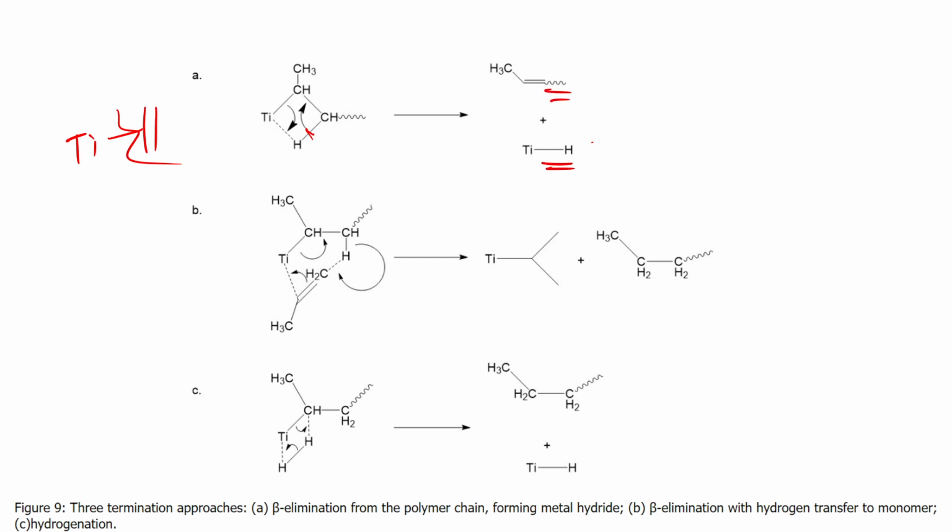This is one of the ways the chain end termination step happens in Ziegler-Natta polymerization. So this is one way, beta hydride elimination.